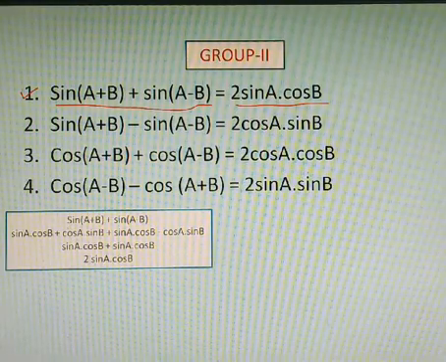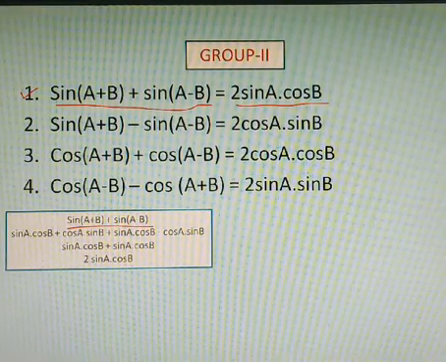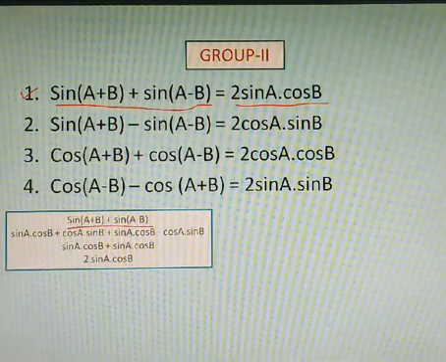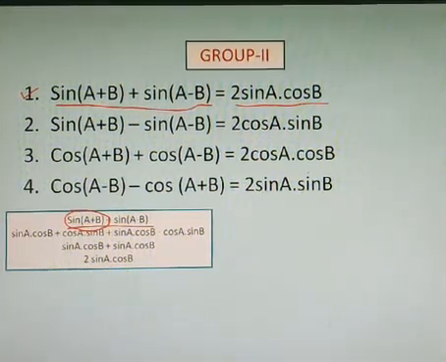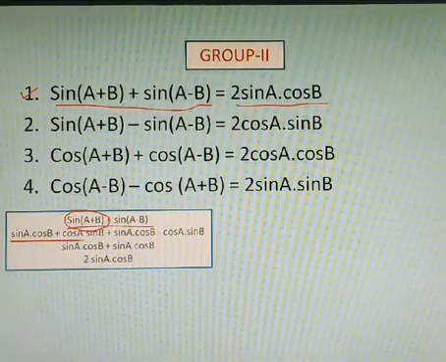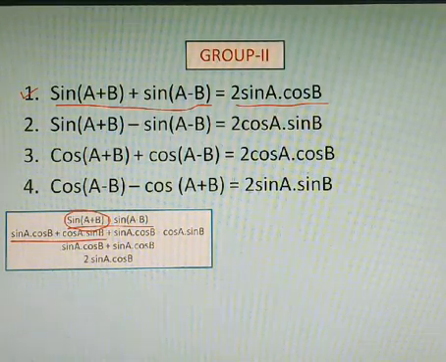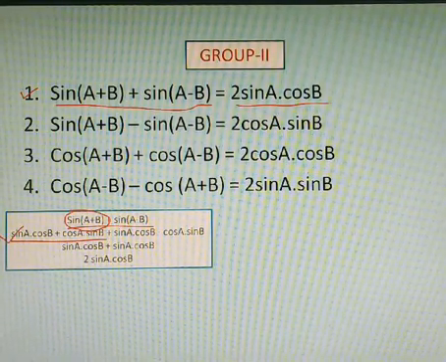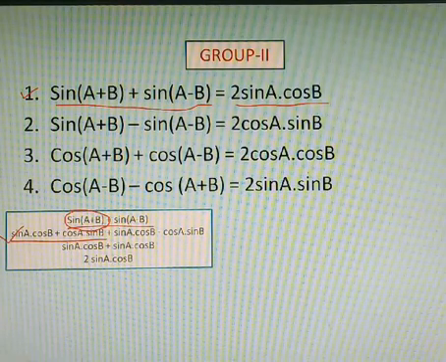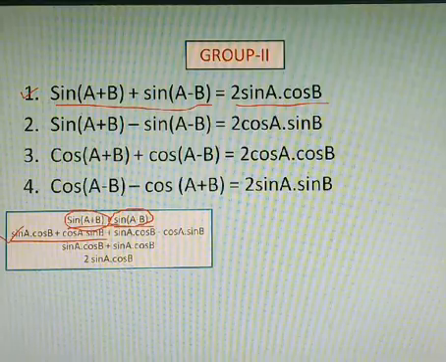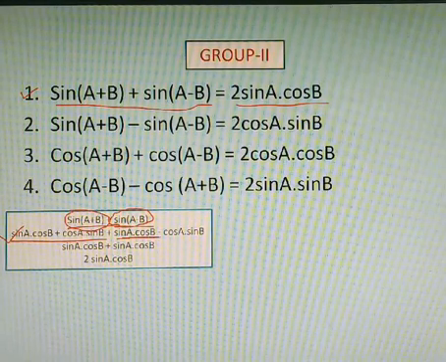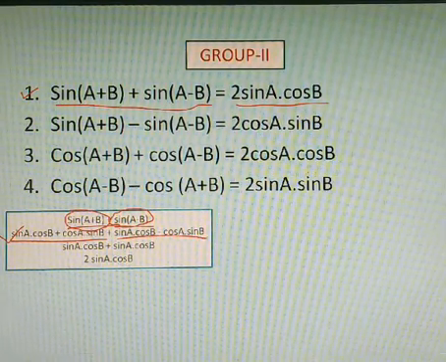You can see here sin(A + B) plus sin(A - B). sin(A + B) has the formula sin A cos B plus cos A sin B that you have seen in the first group on the previous slide. Again, sin(A - B) will have sin A cos B minus cos A sin B.